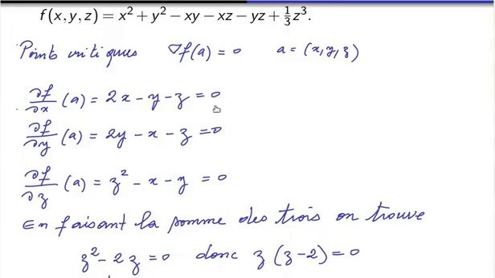This is essentially about solving this system. We see that we have minus y, which appears twice, and 2y minus x, and 2x.